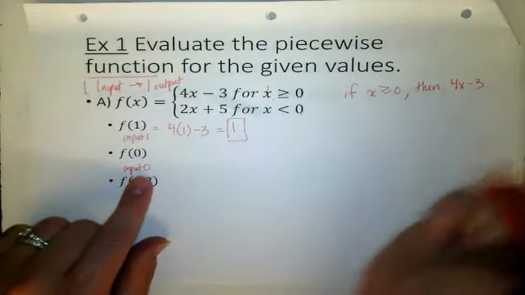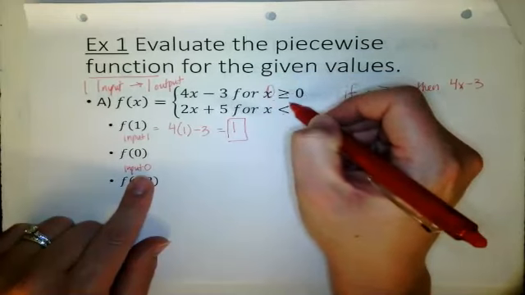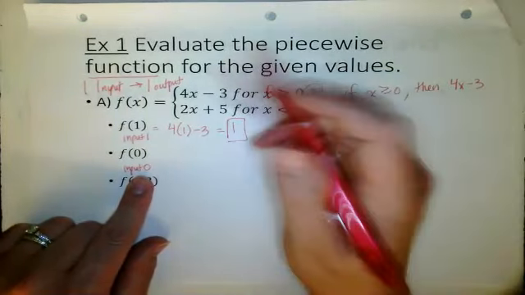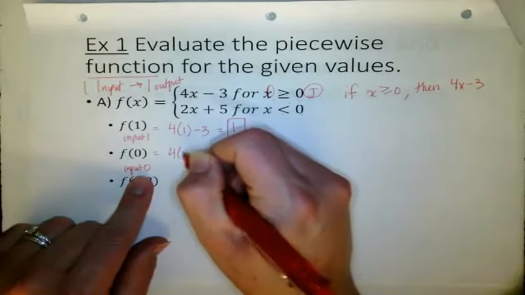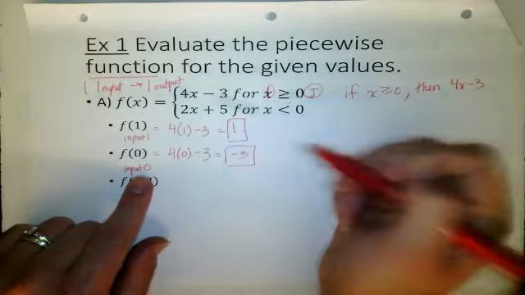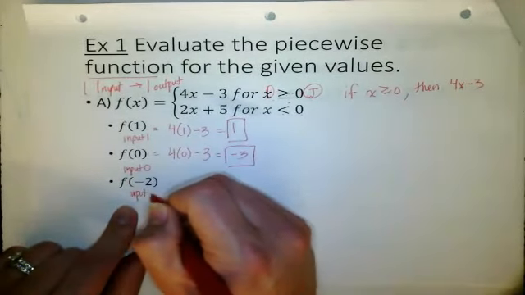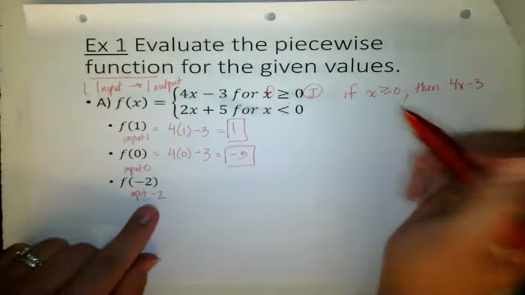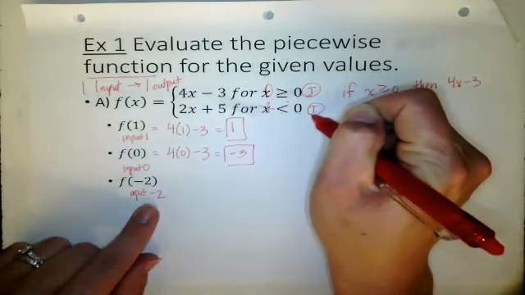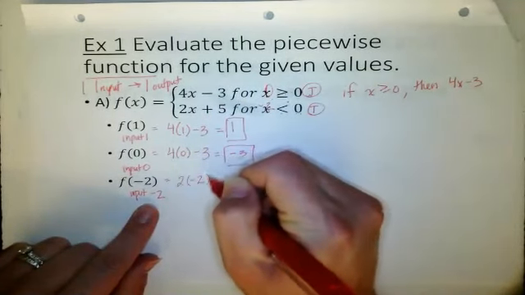Input 0, and it goes into the top one again, because 0 is greater than or equal to 0 is a true statement. So 4 times 0 minus 3 is negative 3. And the last one, input negative 2. The bottom one, because negative 2 is less than 0 is a true statement. So we plug it into the bottom equation, 2 times negative 2 plus 5.